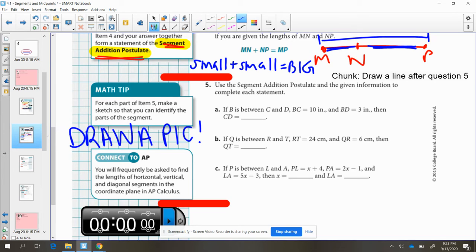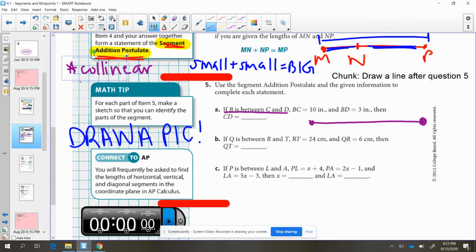For instance, in letter A, it says that B is between C and D. Something important to note here is that the segment addition postulate only holds for collinear points. They're always going to be on the same line.